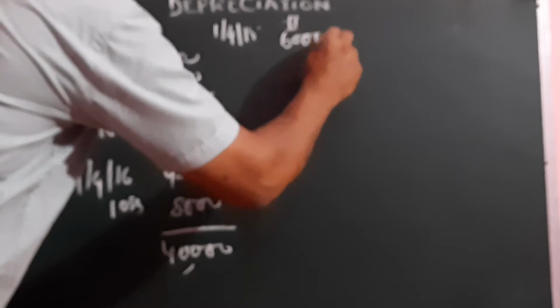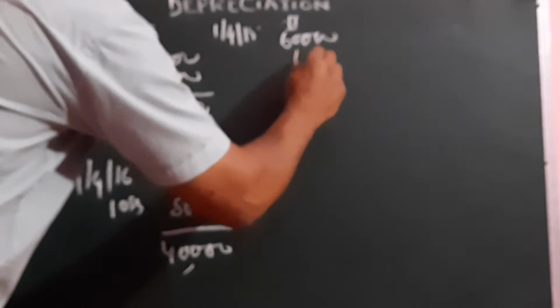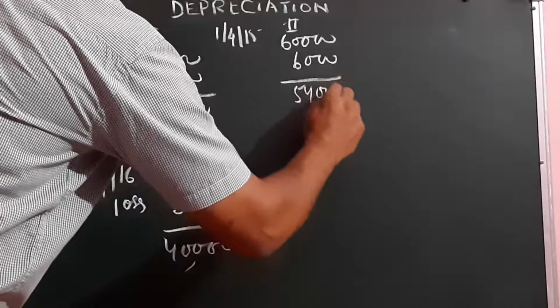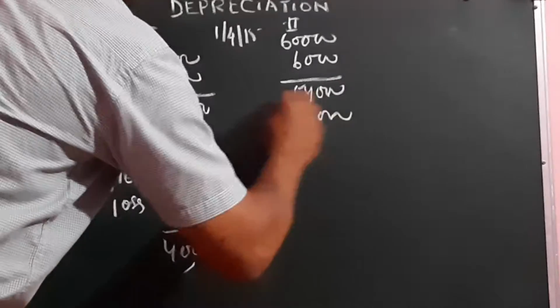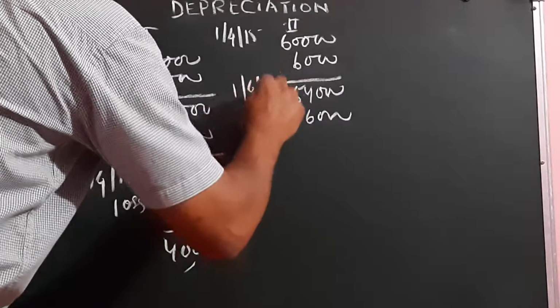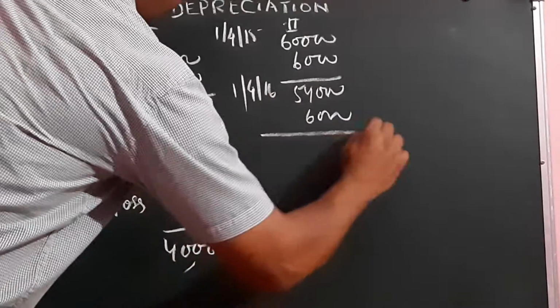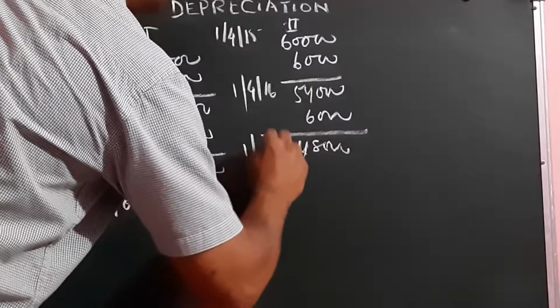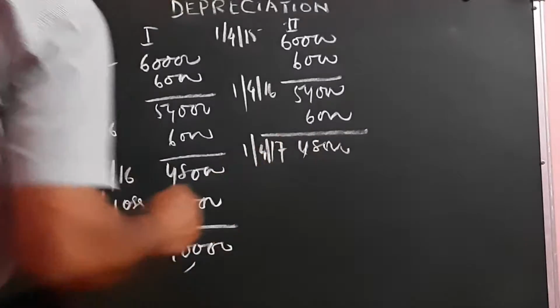Second machine. It was purchased on 1st April 15, again at 60,000. Depreciation for the first year is 6,000, so it is 54,000. Again 6,000, that is the value on 1st April 16, 48,000. That is the value on 1st April 2017.